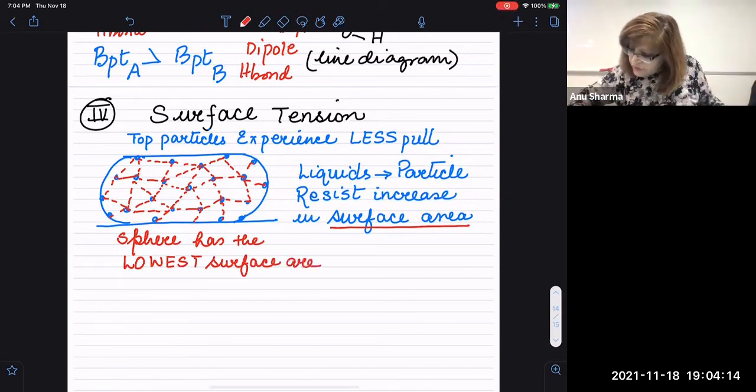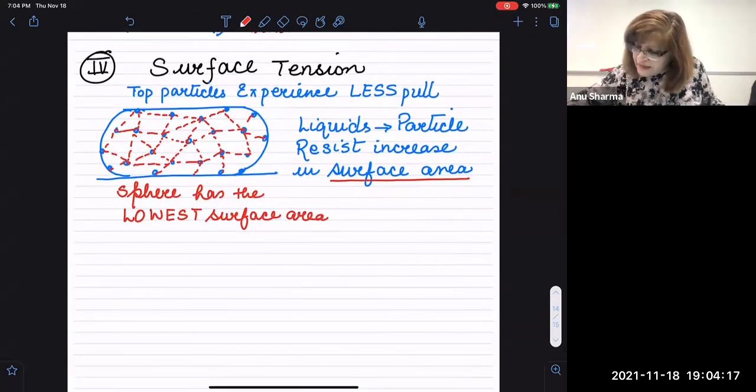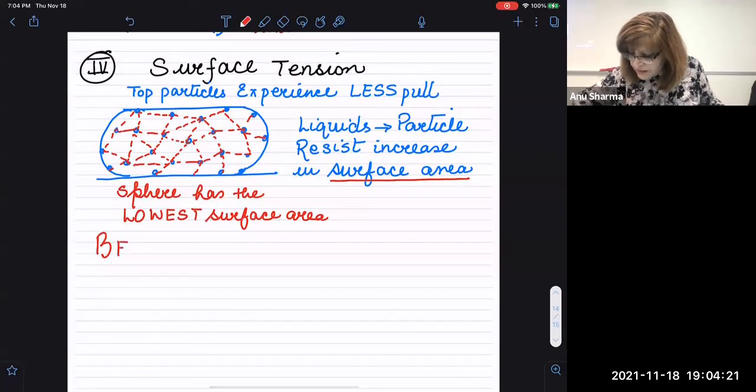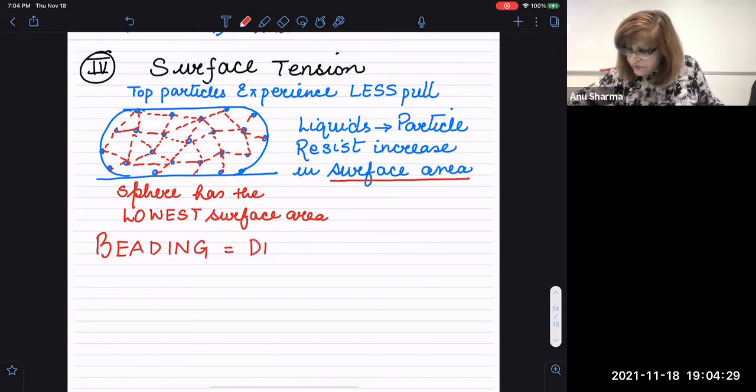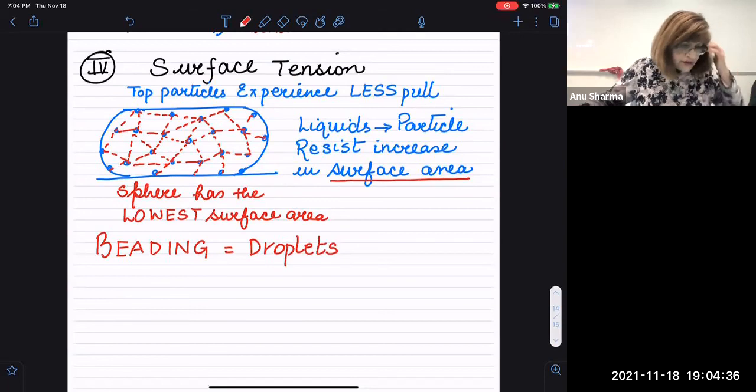The nature of the liquids is to form beads. The process of surface tension is basically beading. They form beads, and this beading is also called droplets. If you've seen it, oils form droplets, right? Every liquid will form droplets, no matter what.